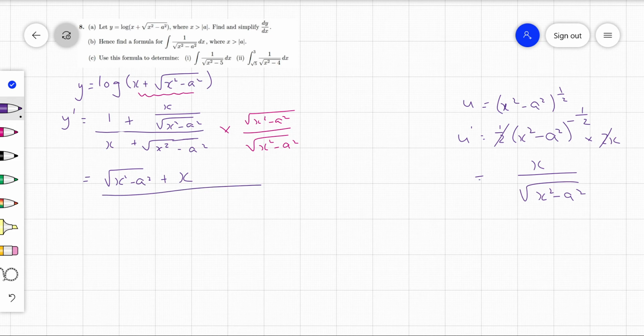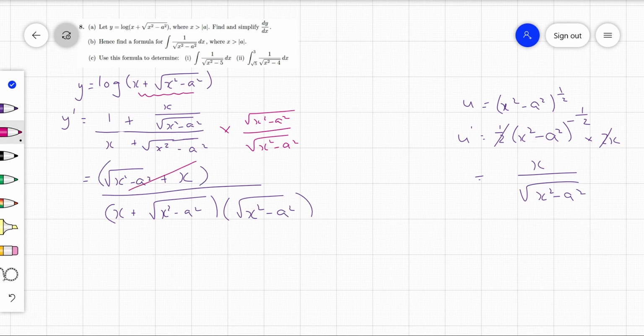At the bottom, I'm going to multiply it, but I'm going to keep it separate. I'm not going to multiply it through. So I get that, and I'll just put this here. You'll note that the top and the bottom have some common factors, so I can cancel those. And what's left is just 1 on the square root of x squared minus a squared.